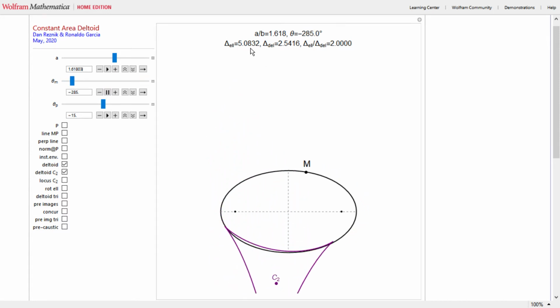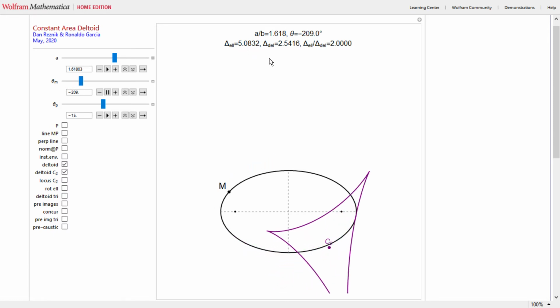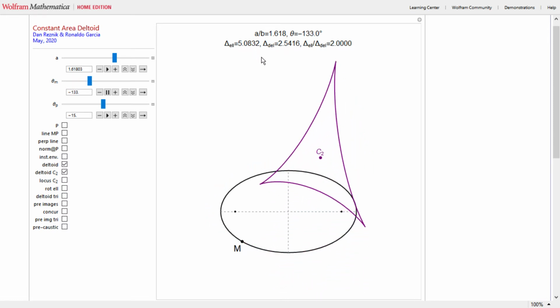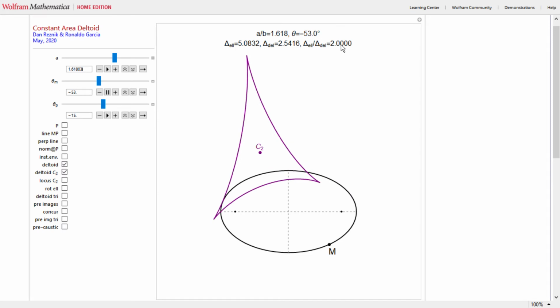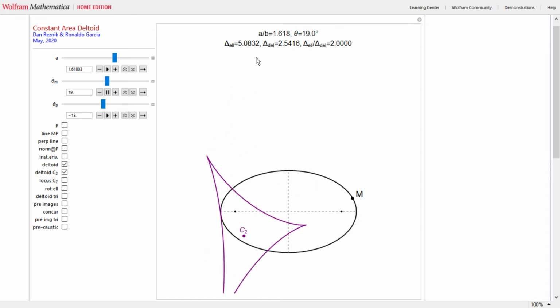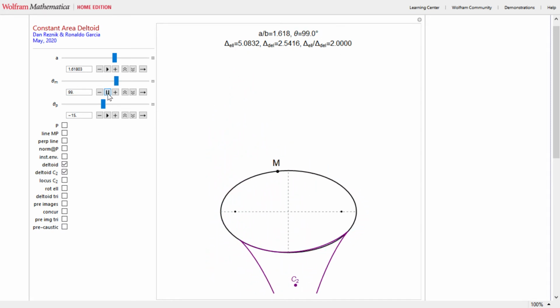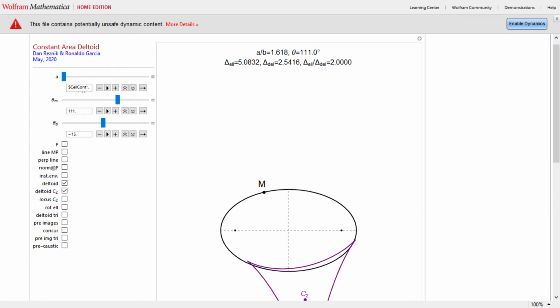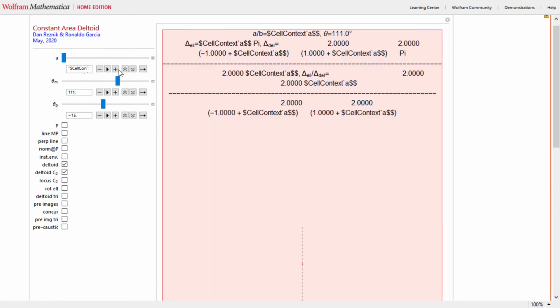Of course, the ellipse is stationary, so its area doesn't vary, but one area, the ellipse over the deltoid, is 2. Another magic aspect ratio is when this A over B of the ellipse is equal to square root of 2. Let's go ahead and try to recover from this error.